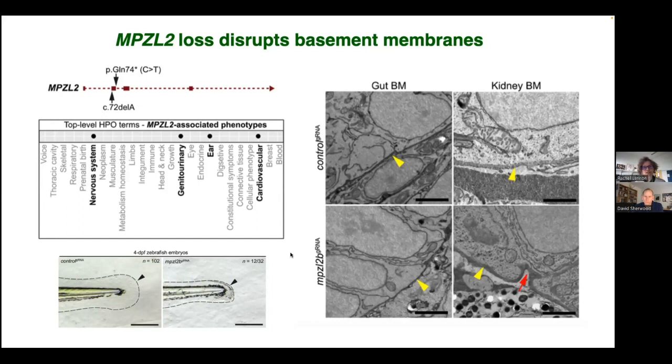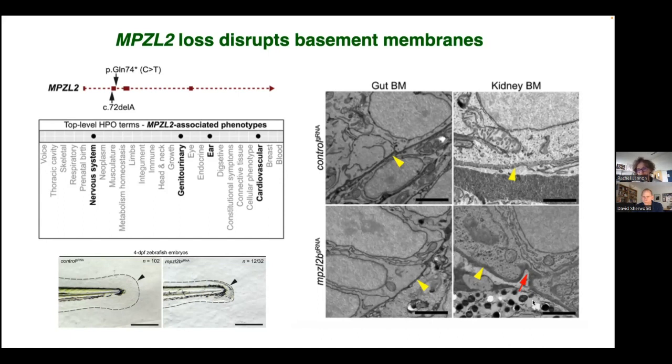And what you can see in the bottom left is abnormal development of the tail. So this is reduced fin fold extension in the CRISPR knockdown. And then when we looked at basement membranes in different organs, we could see that it was fairly intact in the gut, so wasn't affected by MPZL2 knockdown in the gut, but the kidney basement membranes were abnormal.